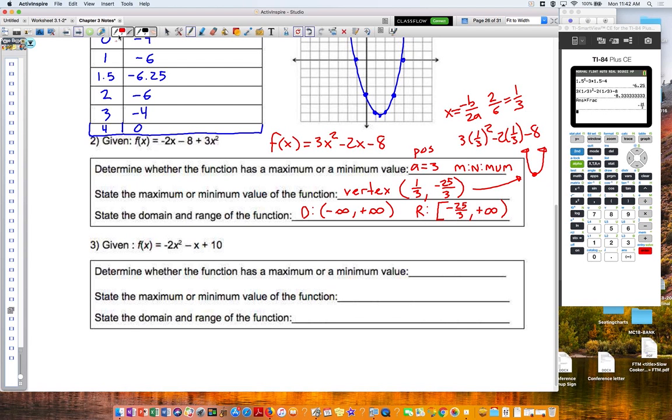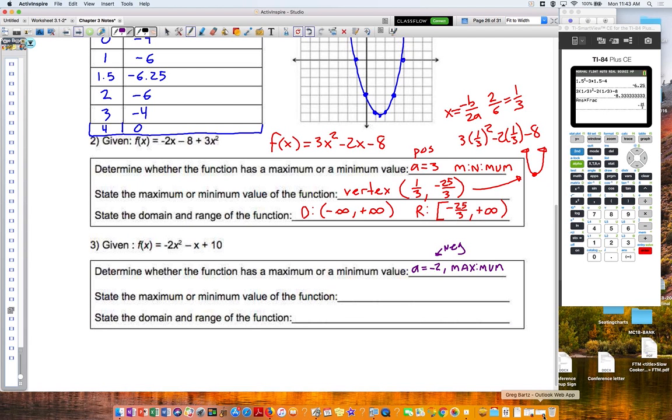All right, the second one, question number 3, is done in a similar fashion. What's nice is this one's already in the form, so I know that a equals negative 2. This one is a maximum because my a value was negative.